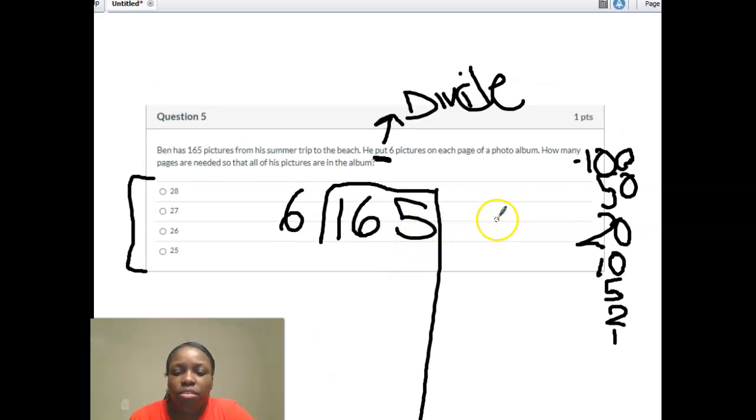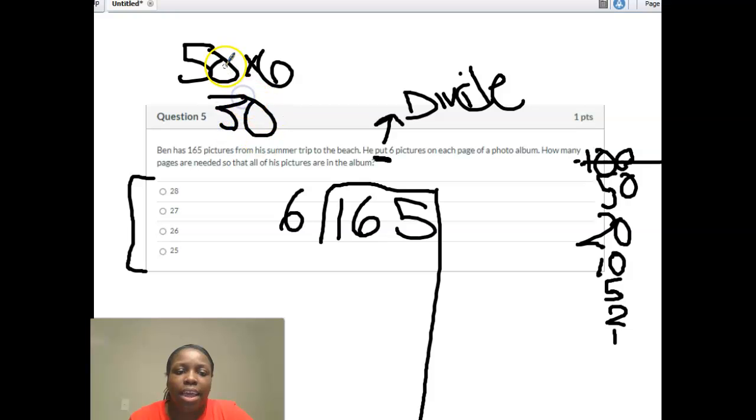So now I'm going to see if I can do 50 times 6 to get me near 165 without going over. So I'm going to write it up here. 50 times 6. First off, what is 5 times 6? Good, 30. And then I add 1 0 back. That's 300. 300 is too high.